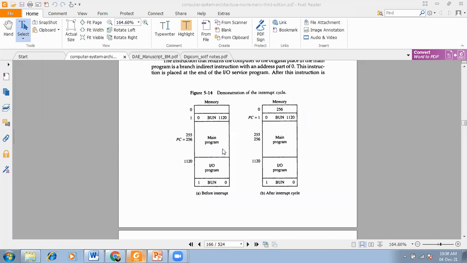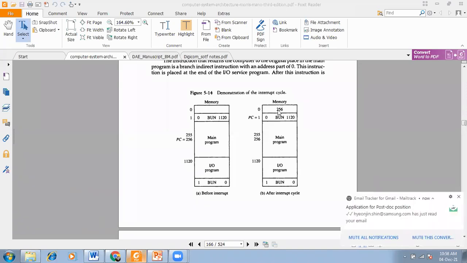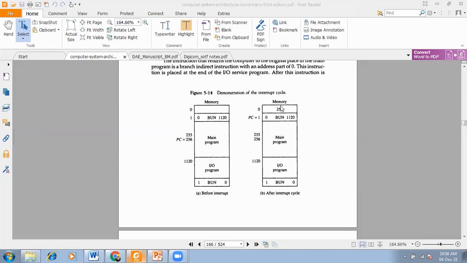Okay. So see here at 0 location, which was blank here, what happens after receiving the interrupt? We have stored 256 at the 0 memory location. What will you do? This is 256 location. Now what will happen? This is 0 position. So what will the program counter content become? 1.